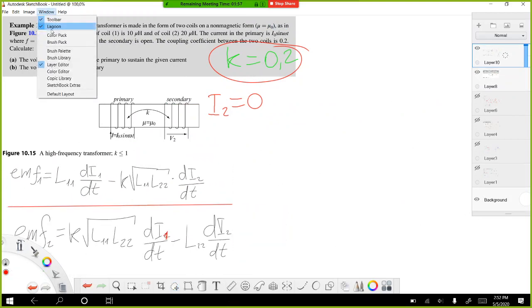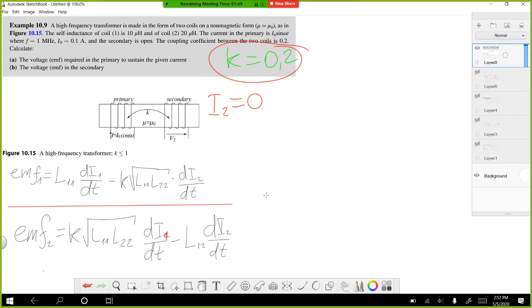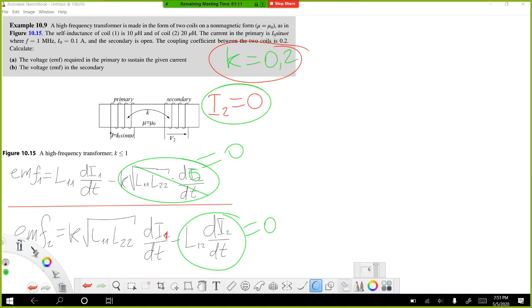Okay, now we said that as the secondary coil is open, I2 is 0, so this part simplifies because I2 is 0, this part is 0, as well as this part also becomes 0.